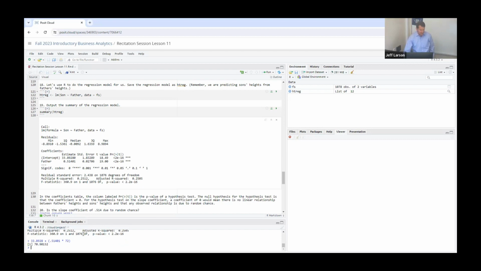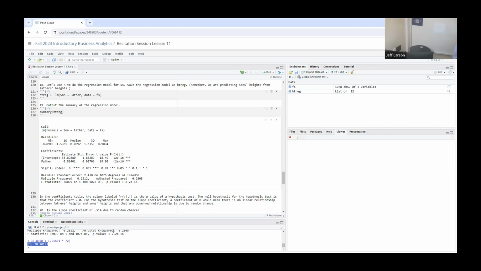Okay, instead of guessing he's 68.68 inches, I'm guessing he's 70.9 inches. You're probably not going to be right on, right? Because it's a regression line. It's the average. That's your best guess knowing the father's height. But you're likely to be less far away than when you just guess 68.68 inches, right? Because now you have some information that helps you make a better prediction.